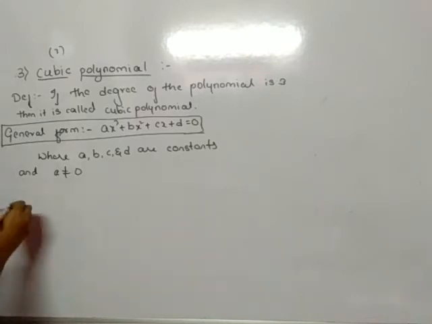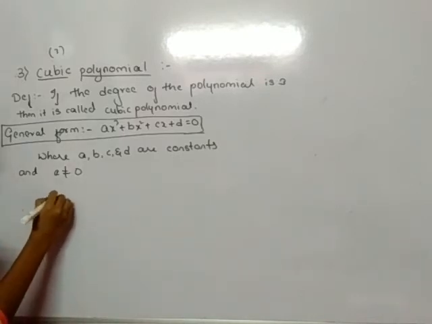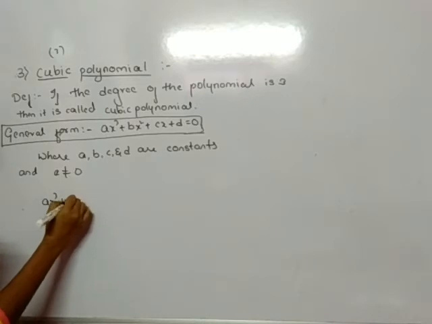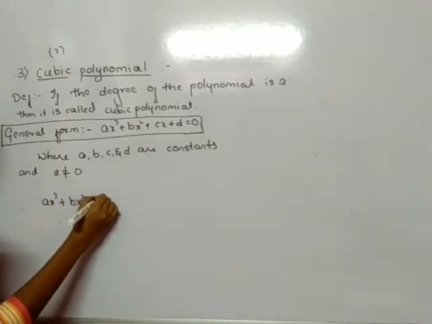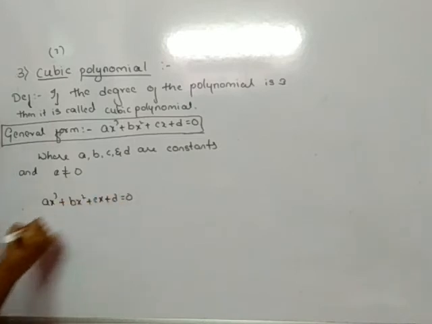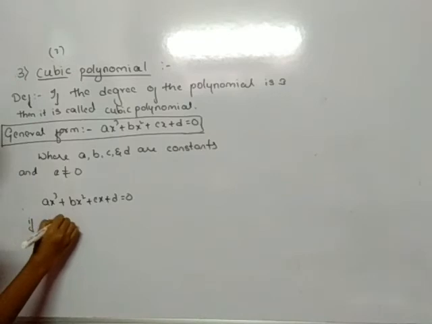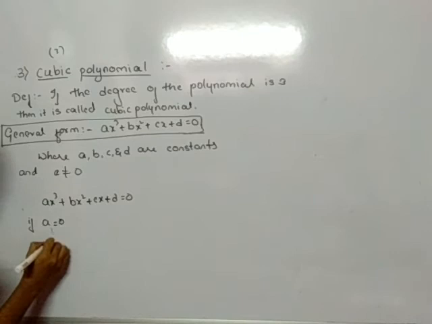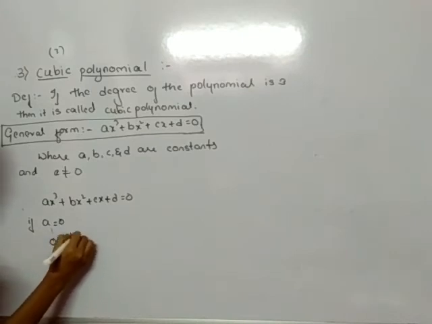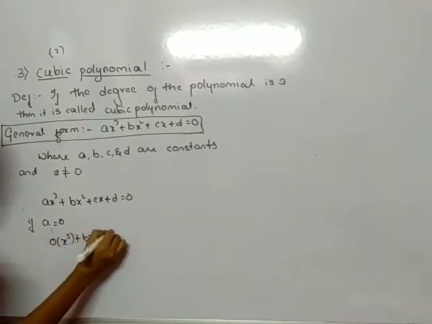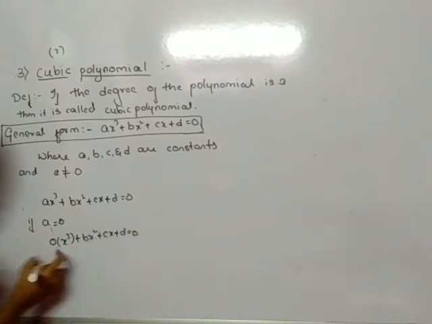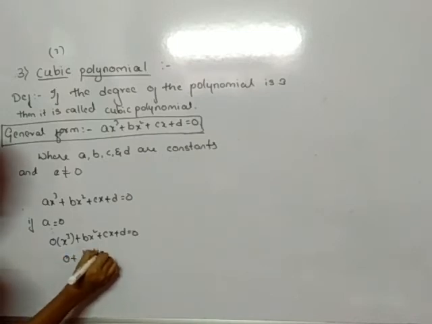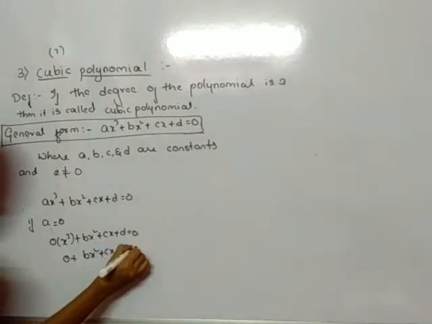We'll check it. The general form of a cubic polynomial is ax cube plus bx square plus cx plus d is equal to 0. If a becomes 0, that is 0 into x cube plus bx square plus cx plus d is equal to 0, this whole term will become 0. So 0 plus bx square plus cx plus d is equal to 0.